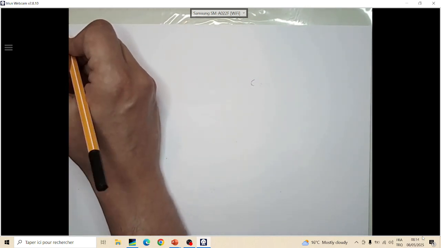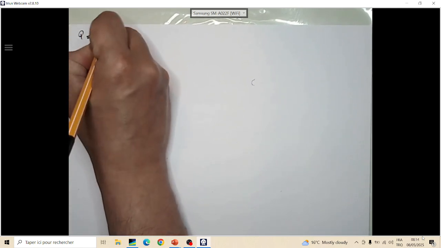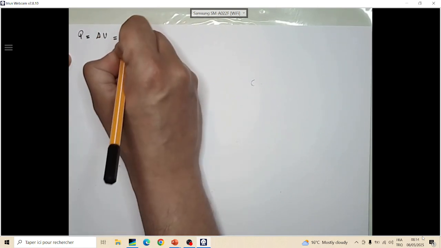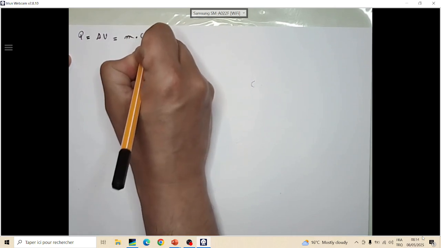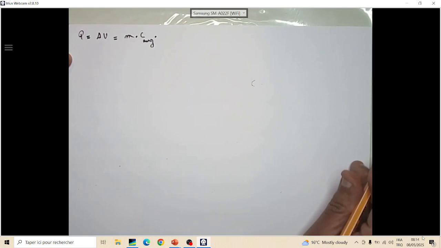So at the end, for the heat, Q is equal to delta U, and it is equal to M times C average times T2 minus T1.